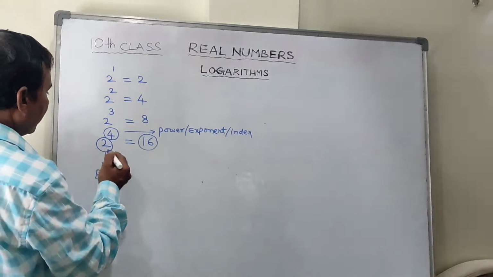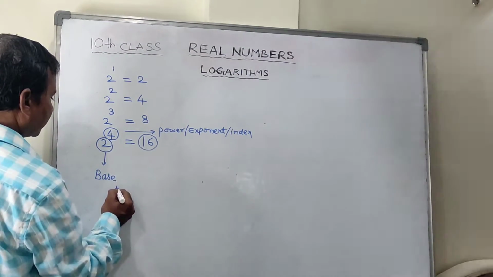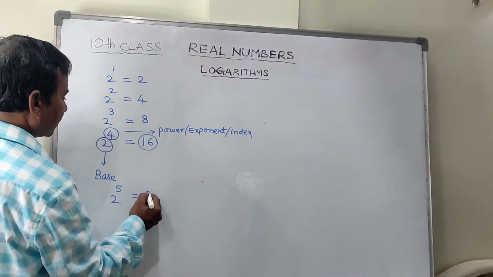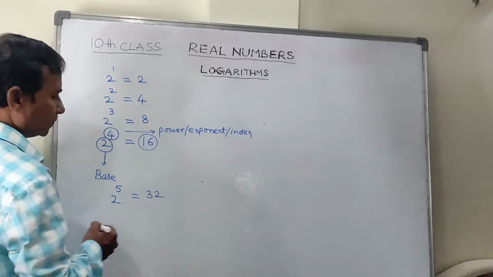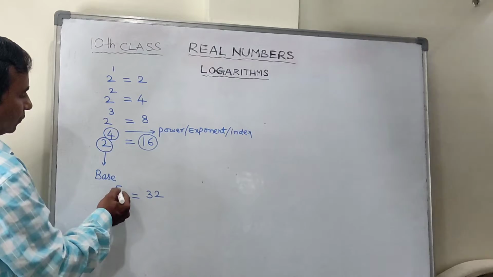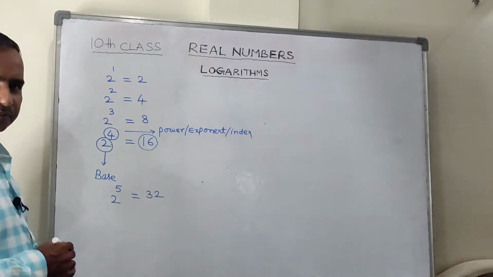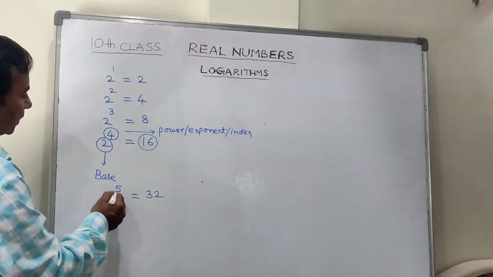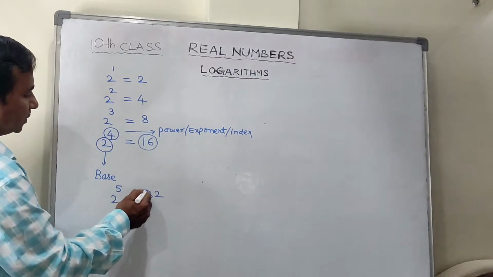Clearly? Now, let us take another example. 2 to the power of 5 is equal to 32. 2 is raised to 5 to get 32.